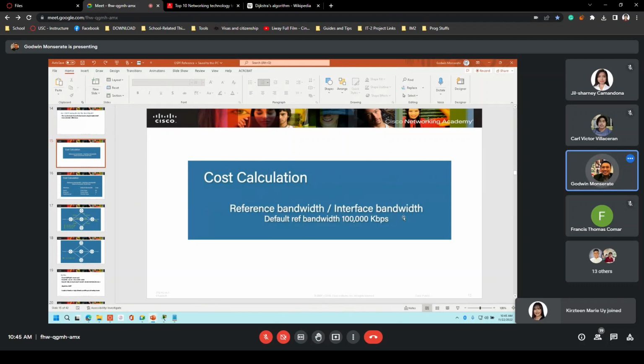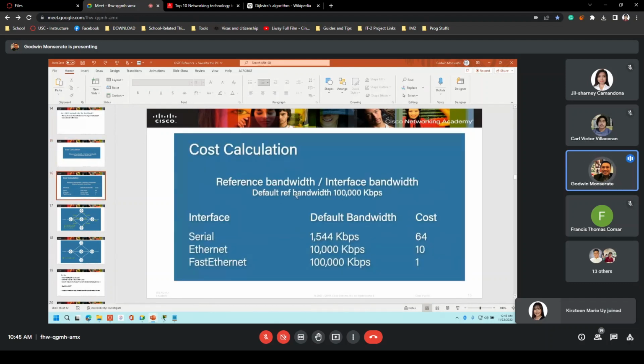For the calculation, you have interfaces connected by your cable, and each interface has a value. For example, a serial connection is 1544 kbps by default bandwidth, so the cost is 64. Ethernet is 10 Mbps or 10,000 kbps, so the cost value is 10.